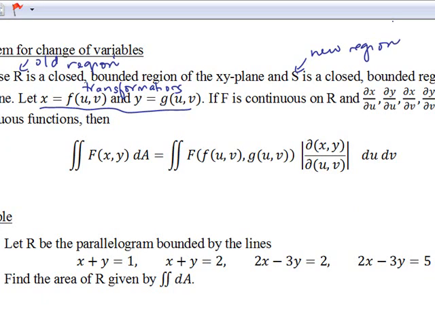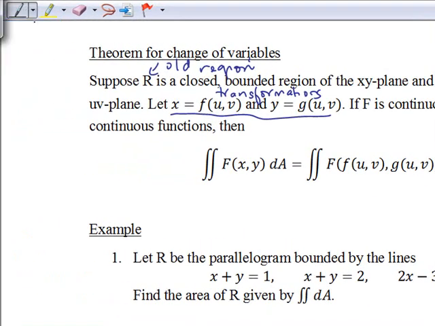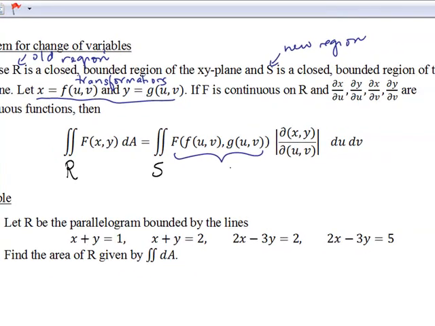If your function F is continuous on the region R and your four first partials are continuous functions, then the double integral over R of F of x y is equal to the double integral over S of F of f of u v, g of u v. Now, what did I do here? That's just substitution. We have written the function in terms of u and v.